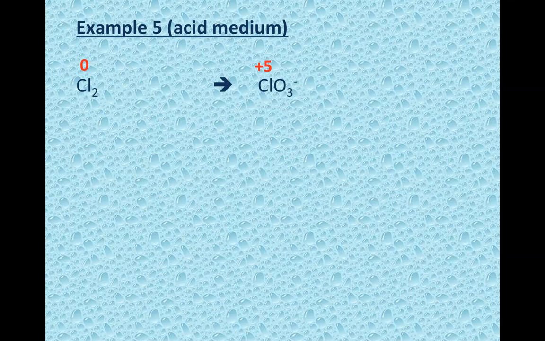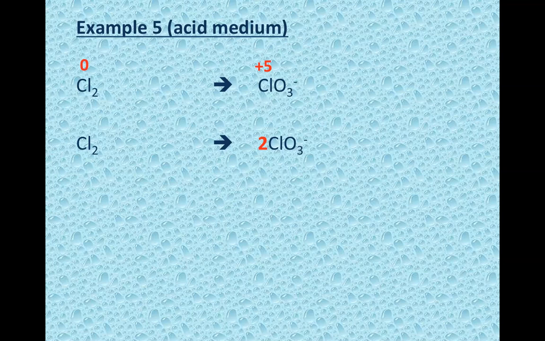Step 1, balance the atom that has been oxidized here, which is chlorine. If you look on the left hand side, there are 2 chlorine atoms. So for the first step, we balance the chlorine atoms by adding a 2 in front of ClO3 minus. So on both sides now, there are 2 chlorine atoms. Step 2.